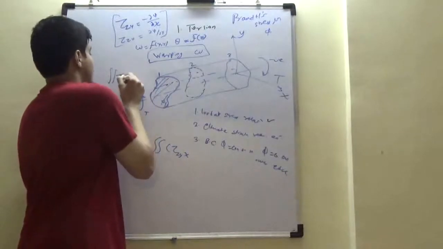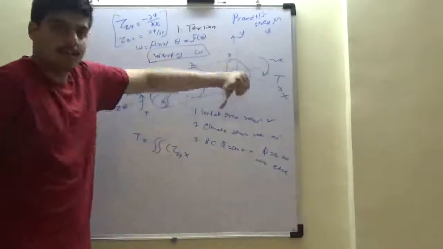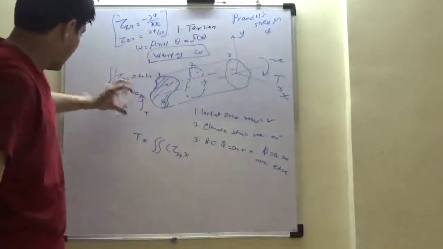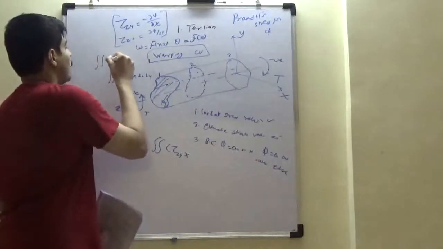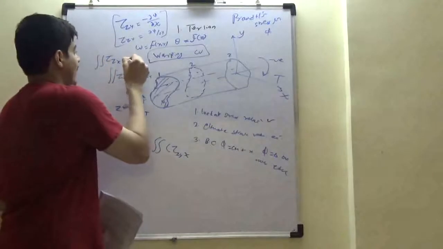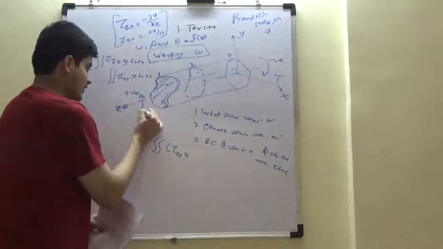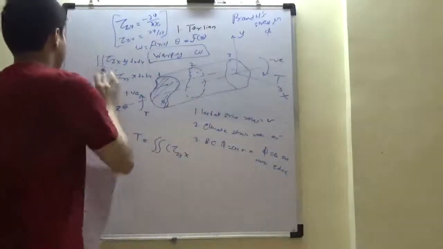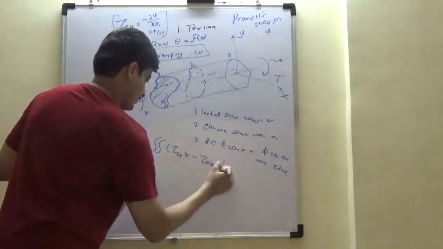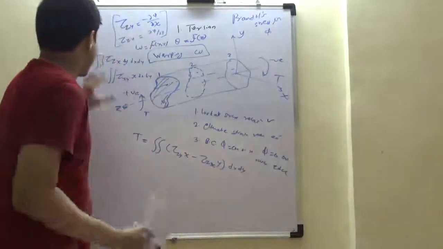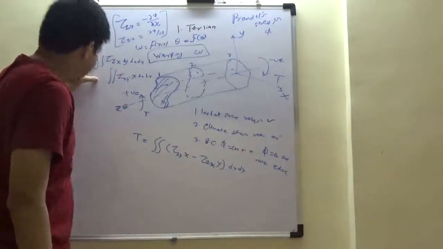Integral of tau zy x dx dy is a negative moment, right, which is countering this, whereas integral of tau zx y dx dy, because zx is in this direction, so with y it is enabling this movement. So this is positive, this is negative. The subtraction of these is the equivalent torque moment, but this has to match this.